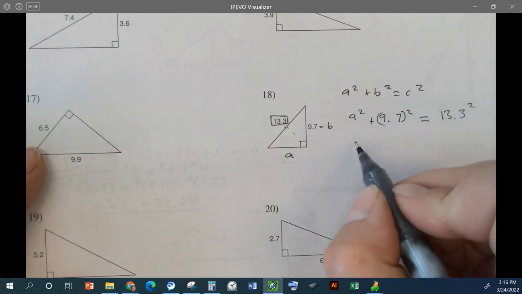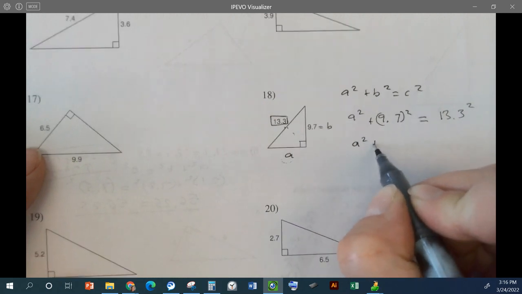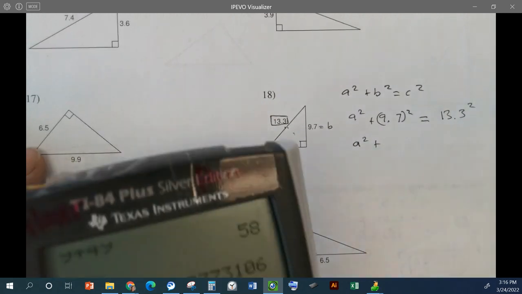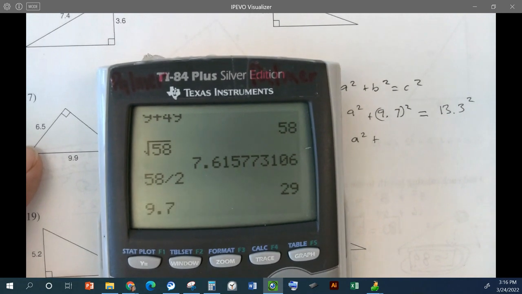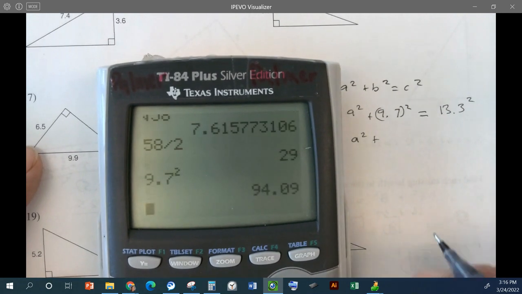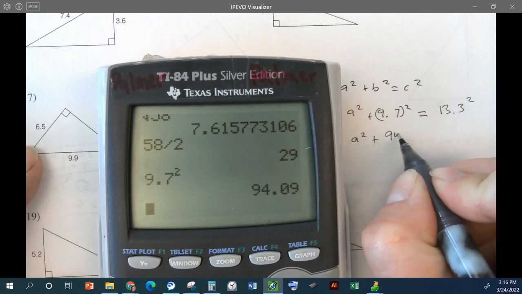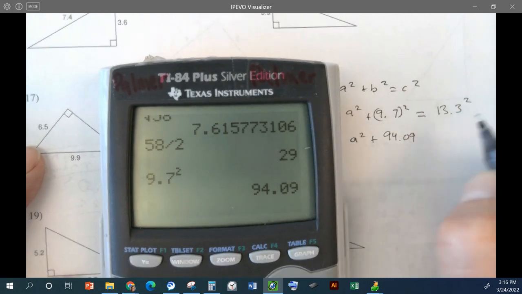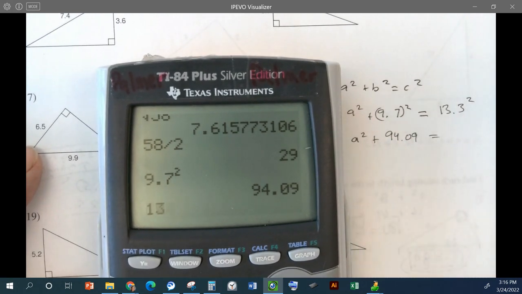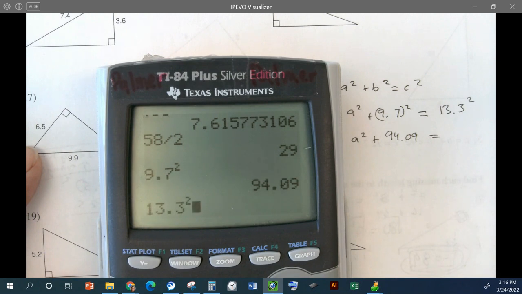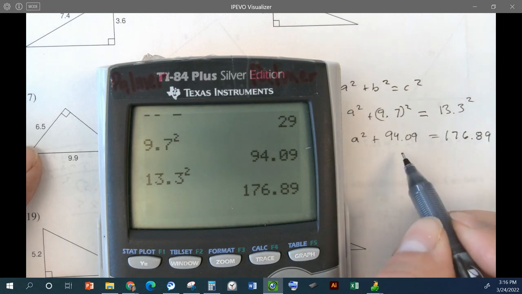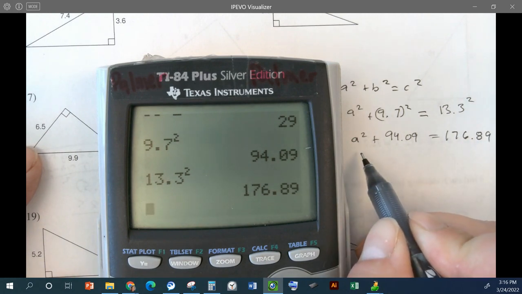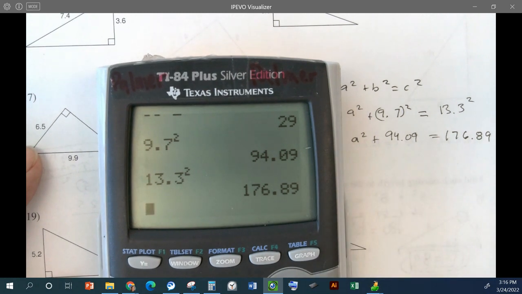So now, what do we have? We have A squared plus, let's simplify a little bit before we subtract. So we've got 9.7 squared. That gives us 94.09. 13.3 squared gives us 176.89. Now we just need to solve for A. So first we need to get A by itself.